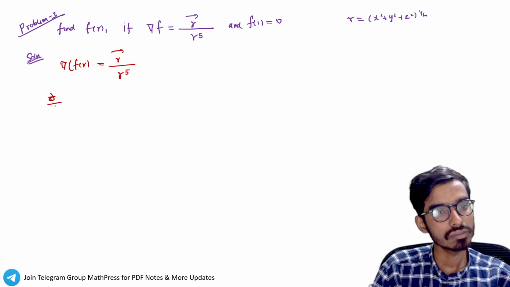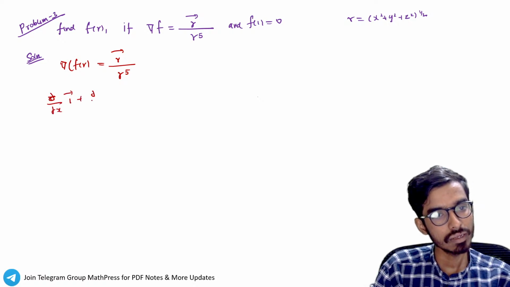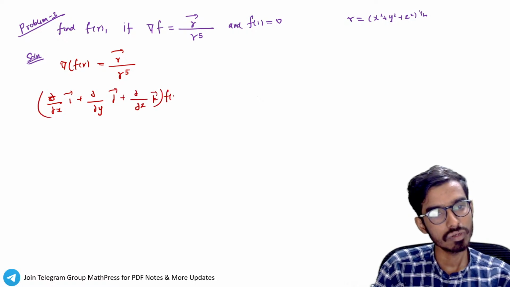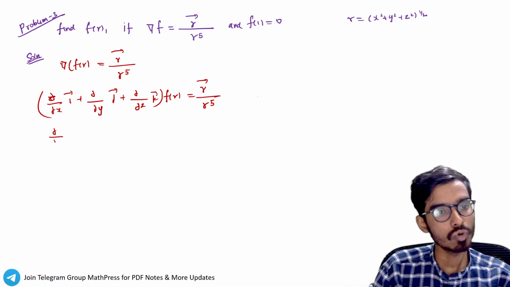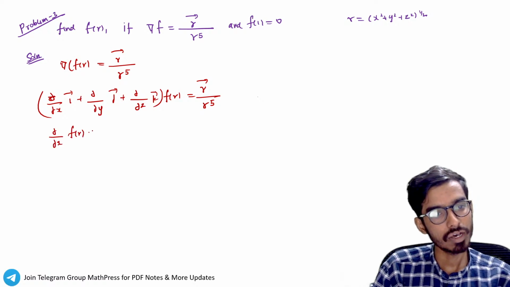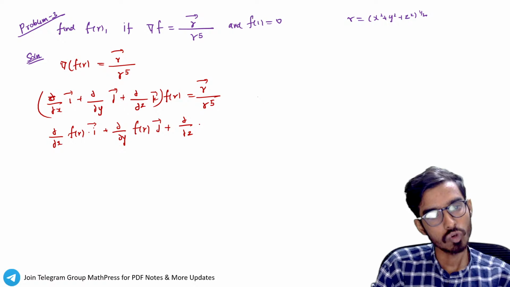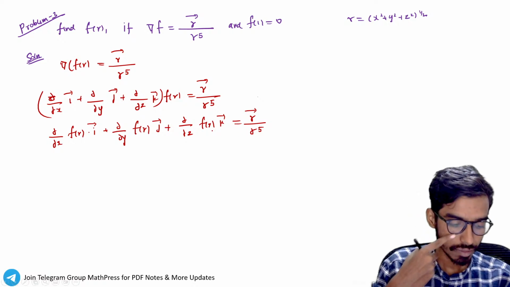Del is dou by dou x of i vector, dou by dou y of j vector, dou by dou z of k vector into f of r is equal to r vector by r power 5, right? So this is nothing but dou by dou x of f of r into i vector, dou by dou y of f of r into j vector, dou by dou z of f of r into k vector is equal to r vector by r power 5, right?